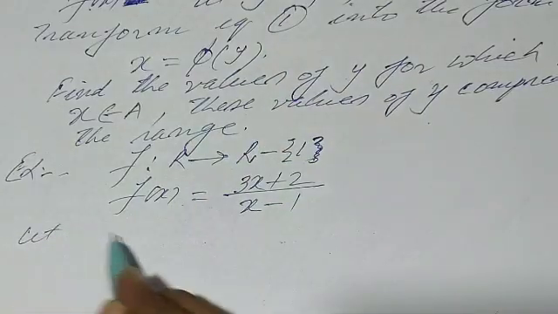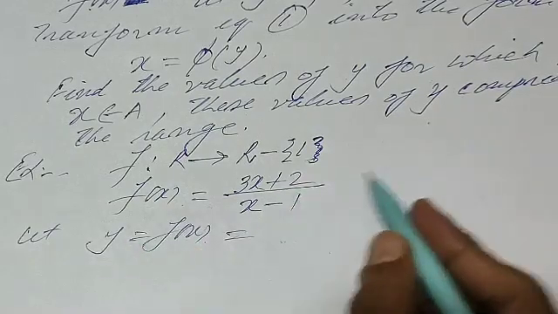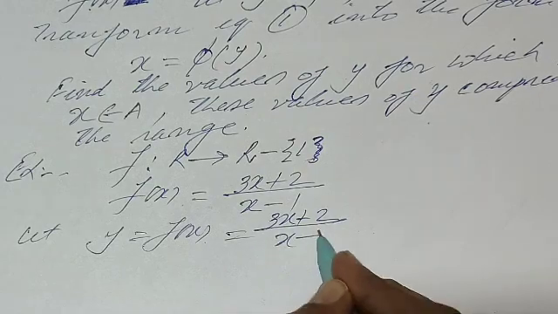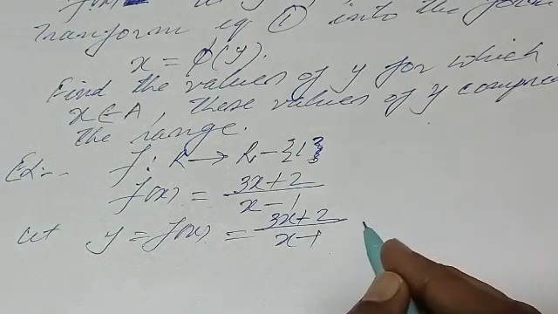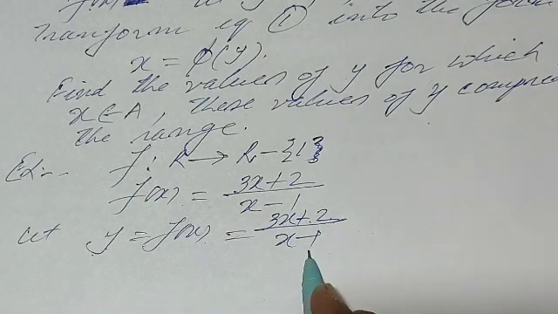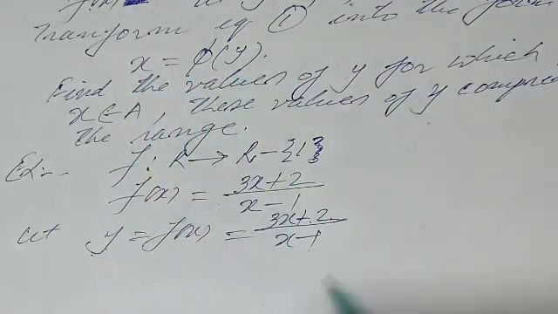Let us take y is equal to f(x) and substitute the value of f(x), that is (3x plus 2) upon (x minus 1). So now we have to transform y is equal to (3x plus 2) upon (x minus 1) so that x is equal to some function of y.